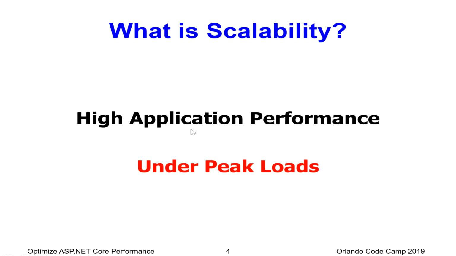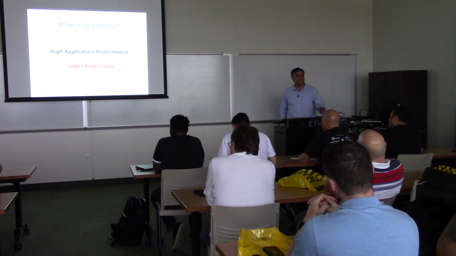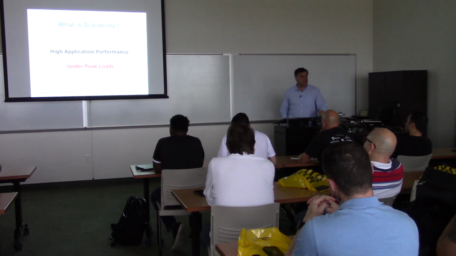What does that mean? Let me define that. I'm sure you know a lot of it, but for completeness, I'm just going to define the terminology. Scalability means that if you have an application with 5 users and you get really good response time, you click and within a second or two the page comes back, then if you can achieve the same response time with 5,000 or 50,000 or 500,000 users, your application is scalable.